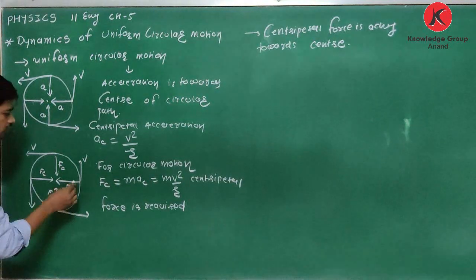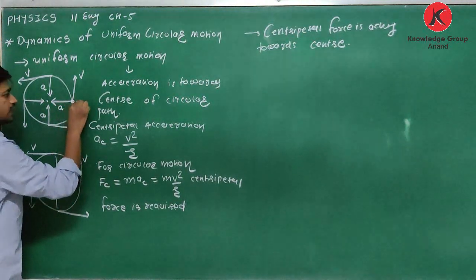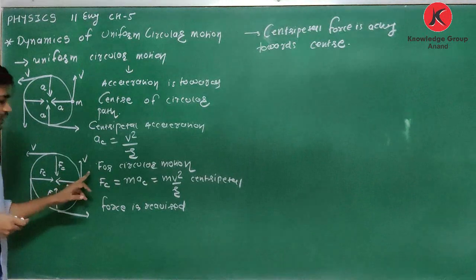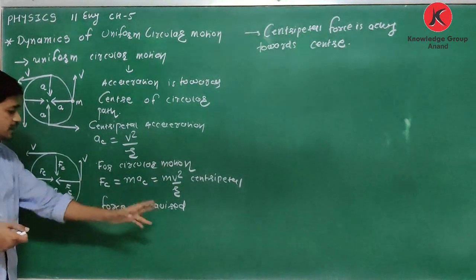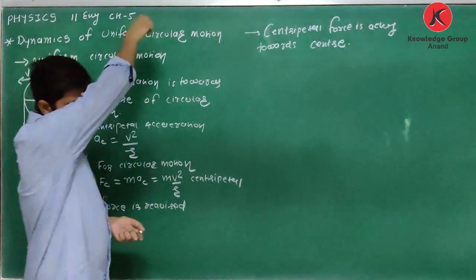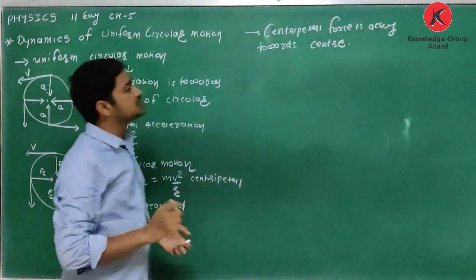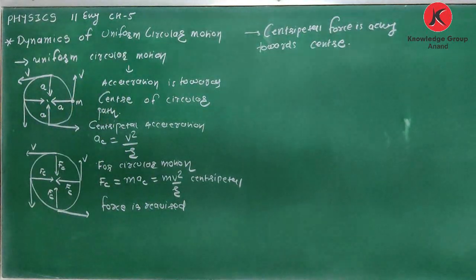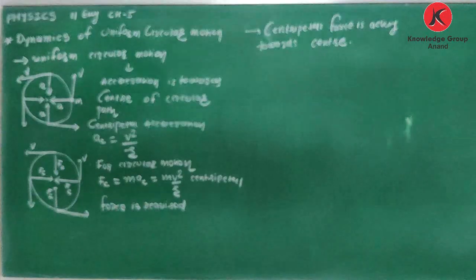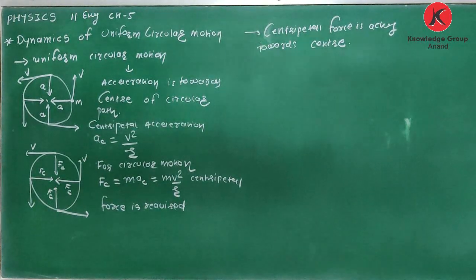Now if the mass of the object performing motion is m, then for circular motion F_c is equal to m a_c is equal to m v squared upon r, centripetal force is required, and this centripetal force is acting towards the center. Clear about this? Now, in different cases, we will study how this centripetal force depends.